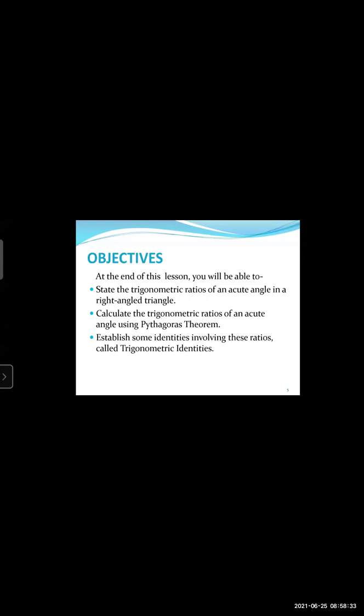First we discuss what is meant by the Pythagoras theorem, then you easily find the trigonometric ratios by using it. Establish some identities involving these ratios, called trigonometric identities. After finishing today's lecture, you will be able to understand these three concepts.